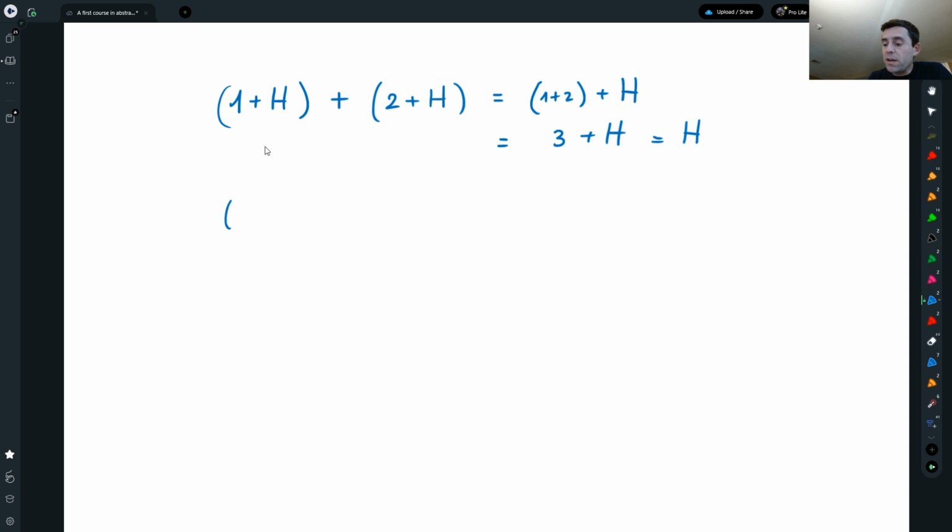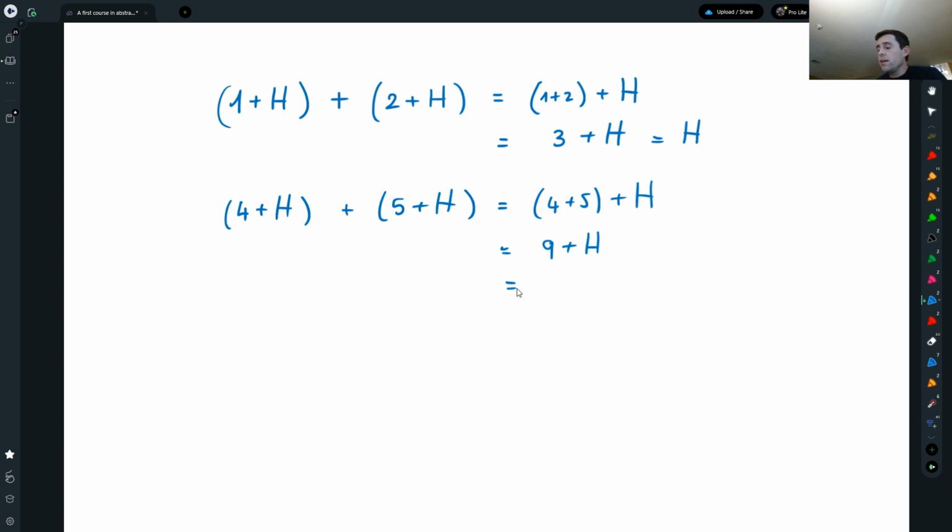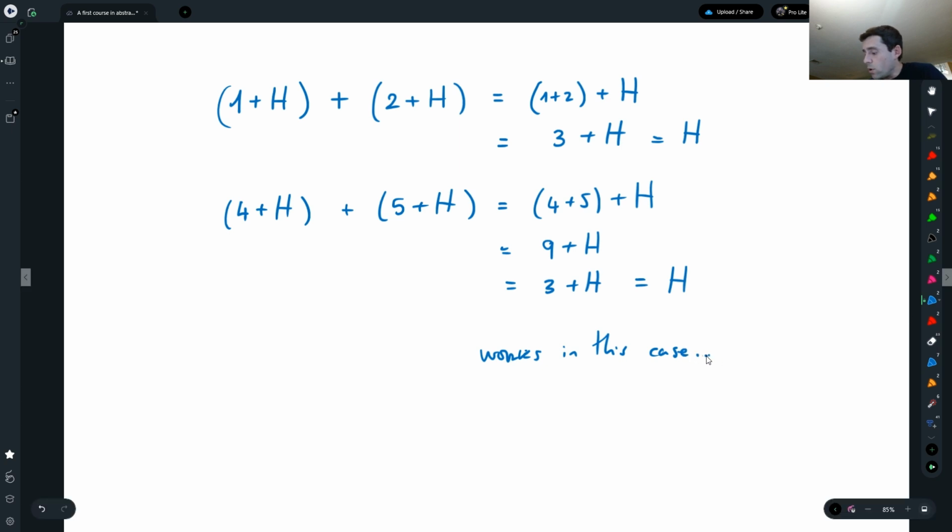This 1 plus H also has generator 4, and 2 plus H also has generator 5. That would give me 4 plus 5 plus H. 4 plus 5 is 9, but 9 modulo 6 is 3, so 3 plus H, which is also H. So it does work in this case. But what about in general?